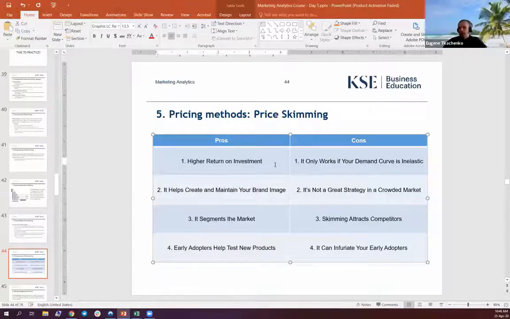However, that is a good technique to use if you want to maximize your return on investment. It is helpful for creating and maintaining your brand image. It helps you to segment the market because, again, the number of early adopters on average is not very high, and early adopters help you test new products because before you actually launch the product to the mass market, early adopters, or influencers, will be detecting all the bugs.